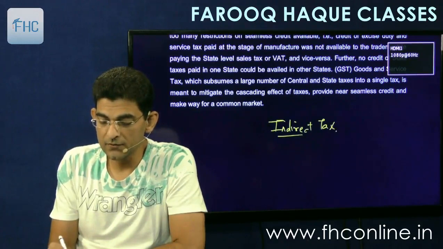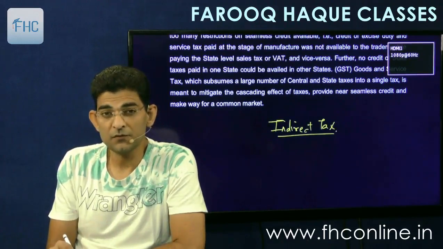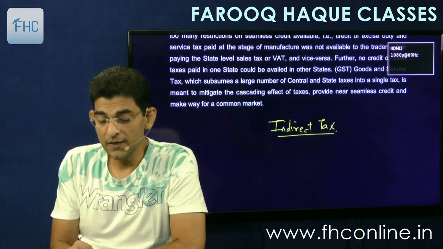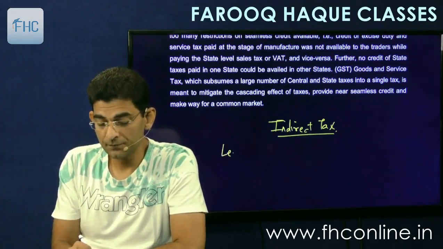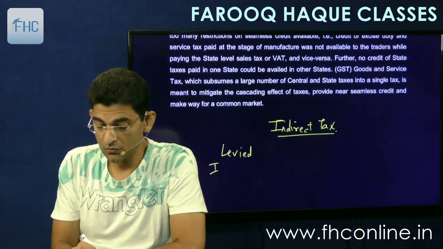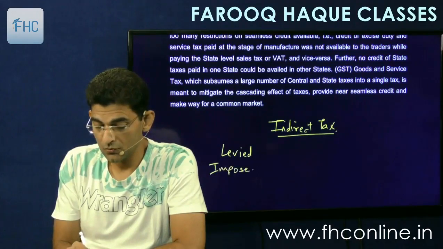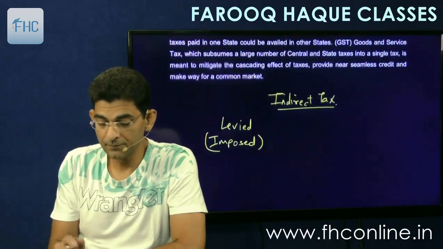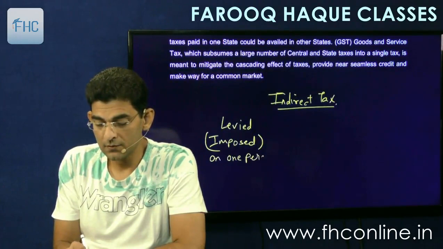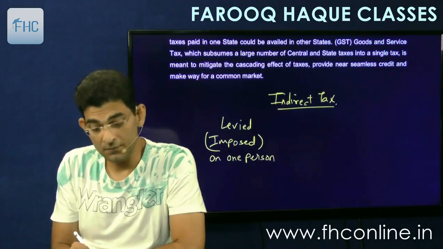Every indirect tax, of course everyone knows what indirect tax is, right? It is levied upon one person. Levied also means imposed by the government on one person and collected from him.